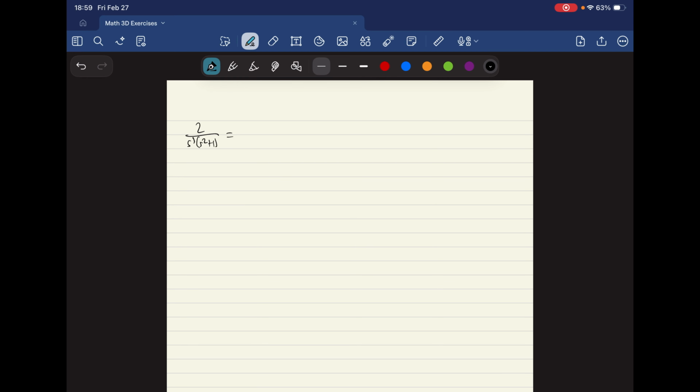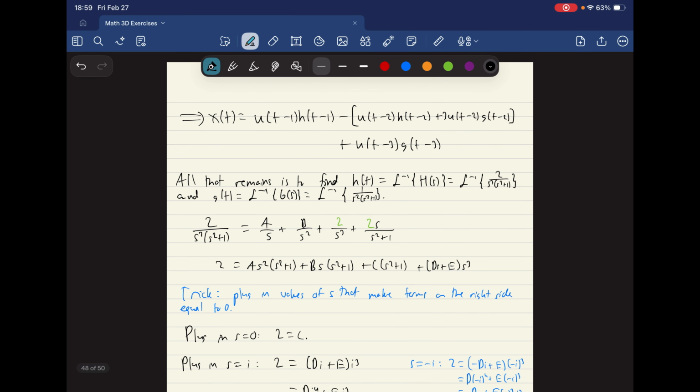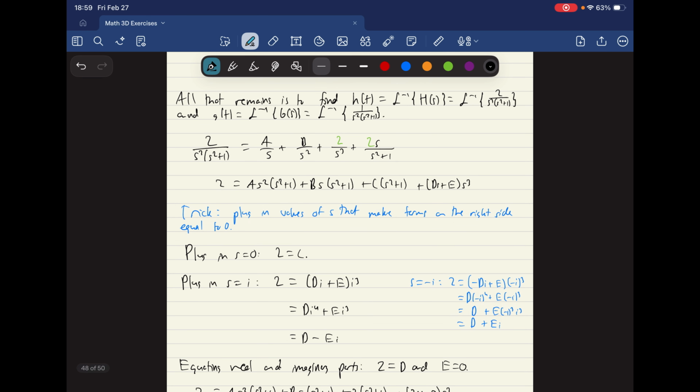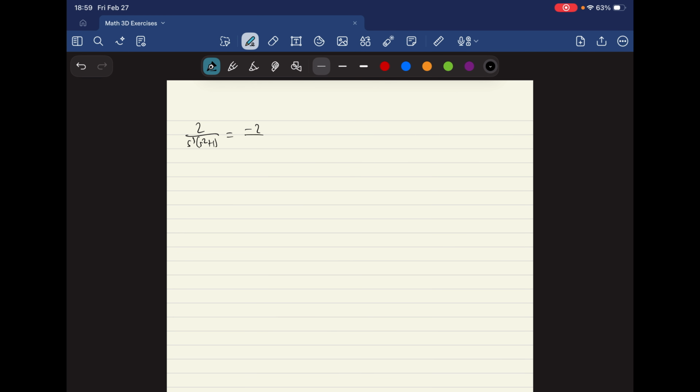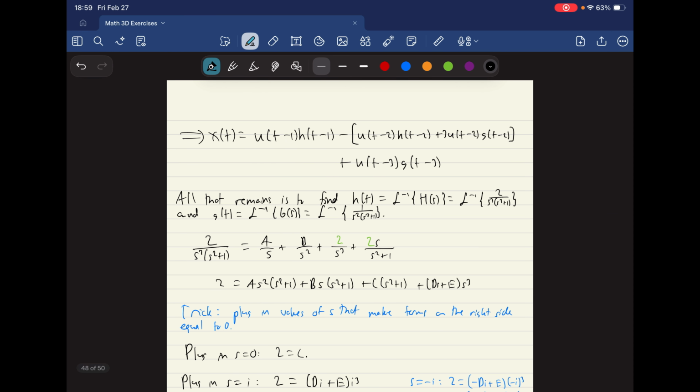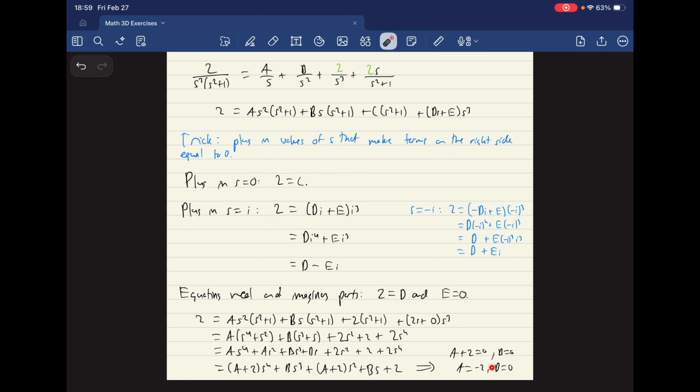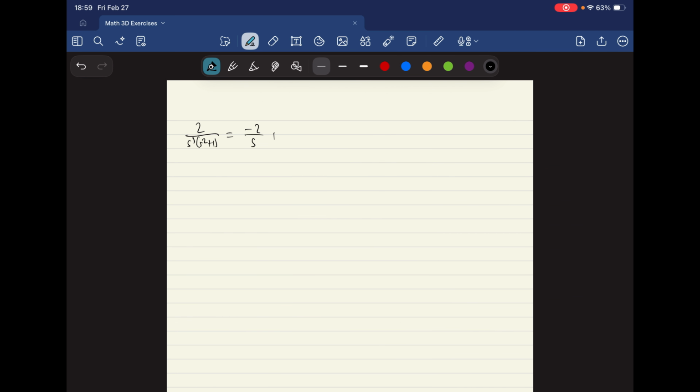So by our calculation, we have that a is equal to -2, so we're going to have -2 over s. And then b is 0. We just found b to be 0, so there is no term right here. And then we have plus 2 over s cubed. And then finally, d was 2 and e was 0, so we get 2s over s squared plus 1.